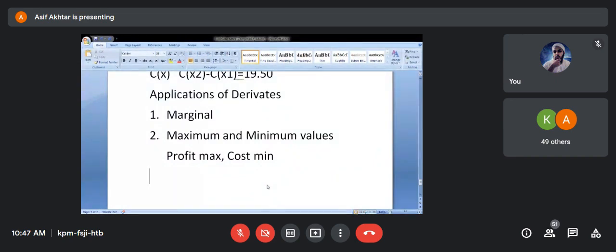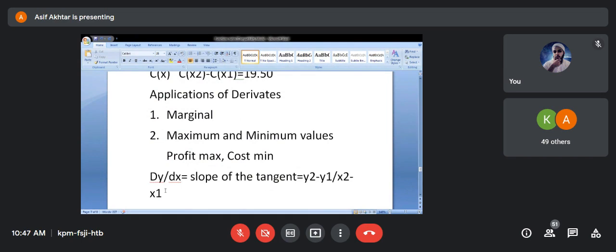How do I get the maximum and the minimum value? For that purpose, a few things are very important. dy by dx is the expression which we all know. This expression also helps us in calculating the slope of the tangent, which is nothing but y2 minus y1 divided by x2 minus x1.